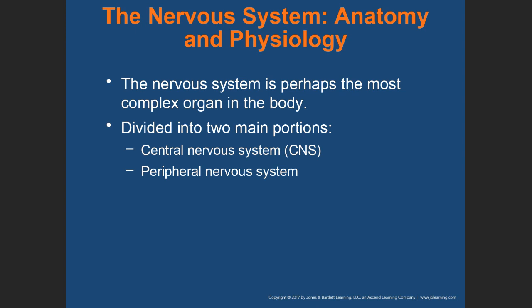Peripheral means away from. And the peripheral nervous system consists of the cranial nerves and the spinal nerves. And you have 12 pairs of cranial nerves, 31 pairs of spinal nerves. And no, you are not required to know them for this course. However, if you decide to go higher up in your studies as an advanced or paramedic, then you will be expected to know them.